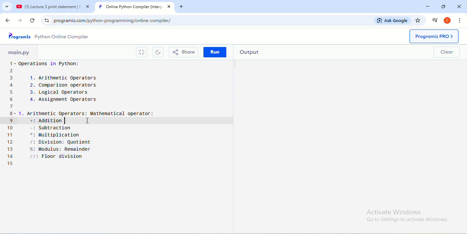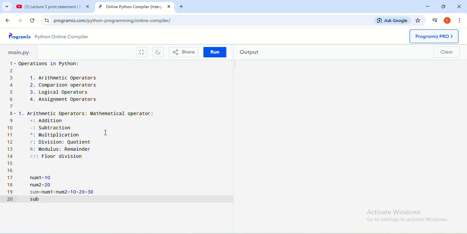Okay, so addition, you all know. Suppose let's have an example. Let's say we are having two variables, num1 and num2. Num1 is 10 and num2 is equals to 20. Okay, so then the first is sum is equals to num1 plus num2. If we write this, what will be the result? It will be the addition of these two variables, that is 10 plus 20, which will be equal to 30, right?